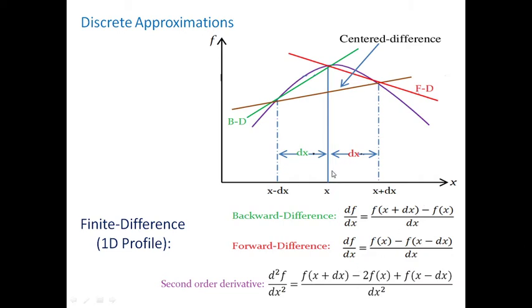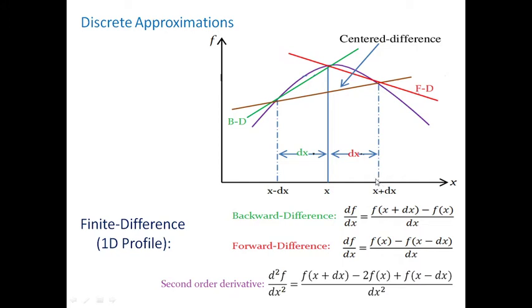Now, by using these assumptions I can find my second order derivative. This is the first order derivative and this is my second order derivative, d square f by dx square, which can be written like this. Second order derivative means twice dx, that is dx square.